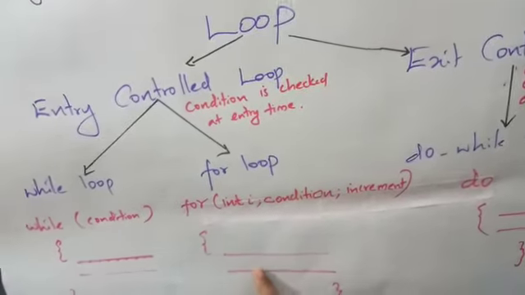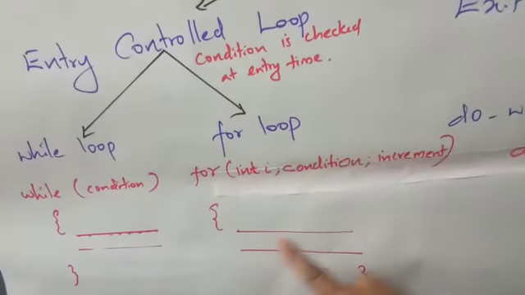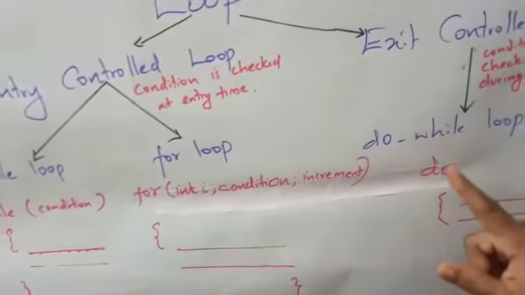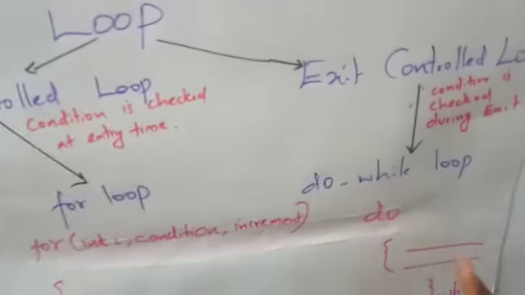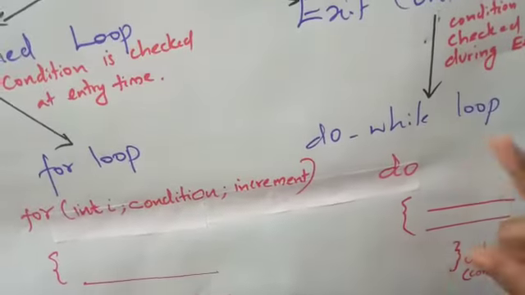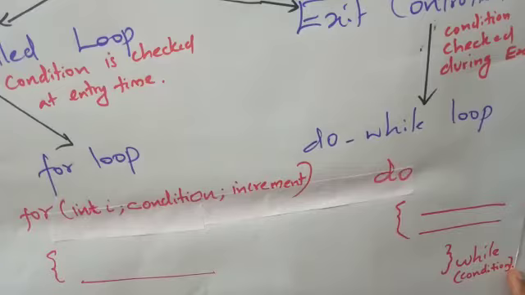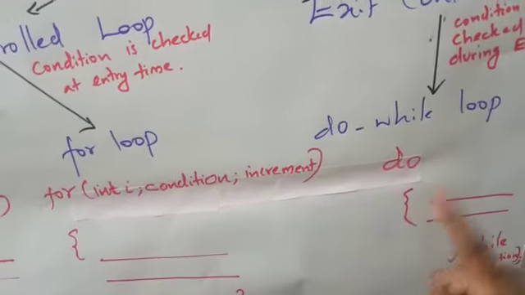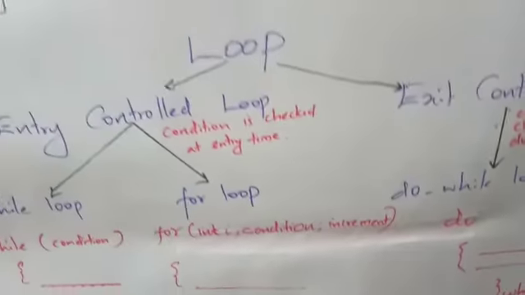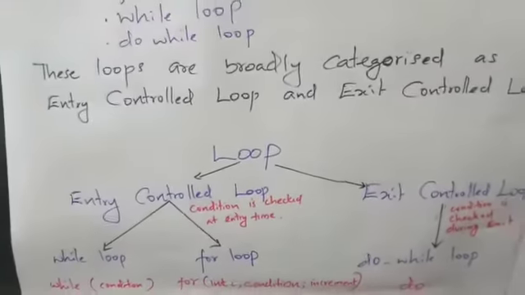Then after that you write the statement. In the do while loop, you write first do, then you write the statement. After that, you write while, the condition, and terminate with a semicolon. These are the syntaxes of the three loops: while loops, for loops and do while loops.